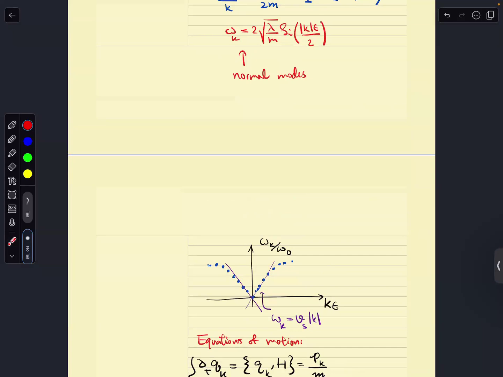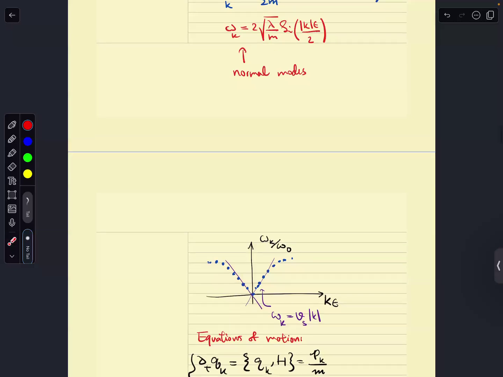How does adding momentum change the energy? That is called the dispersion relation. This dispersion relation is discrete, so we plot it against k epsilon, because the values of k are discrete. Why? Because it's a discrete Fourier transform; I took n number of sites.